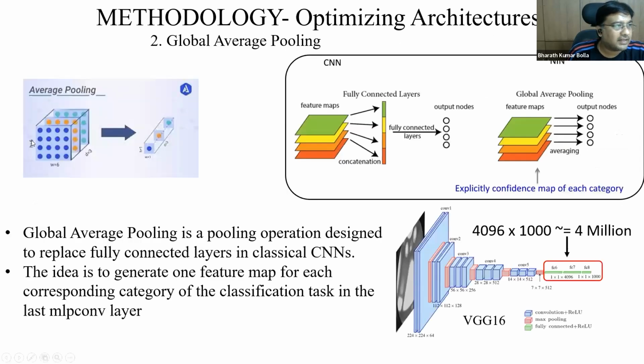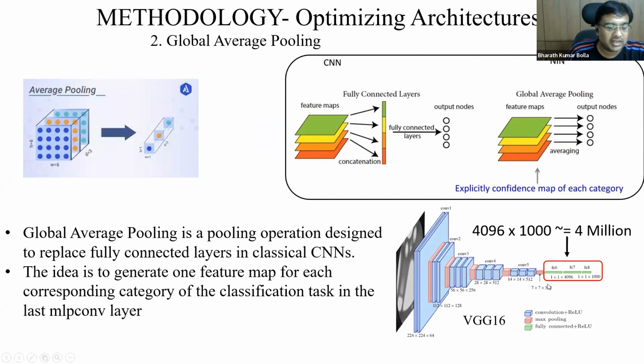Okay, and the second thing is, I think everyone is familiar with the VGG architecture, right? If you see the entire VGG architecture, once you have reached the last layer and you flatten it, I just want you to focus on this point where you have a 7x7 feature map, and you have 512 channels.